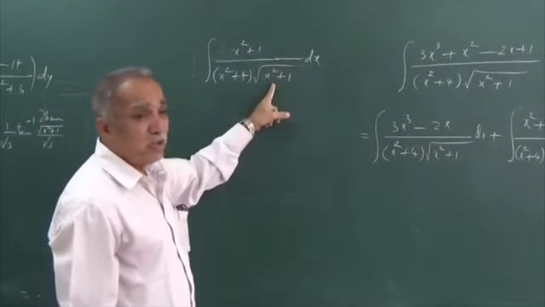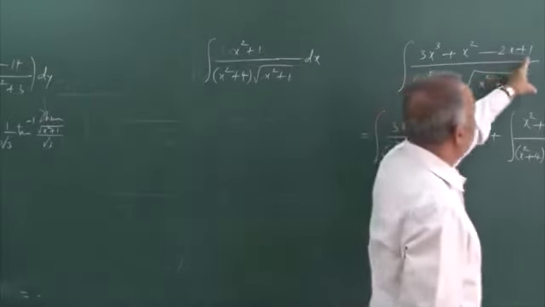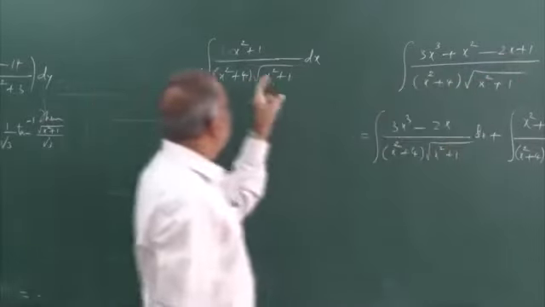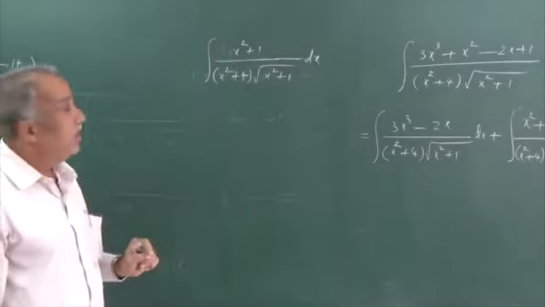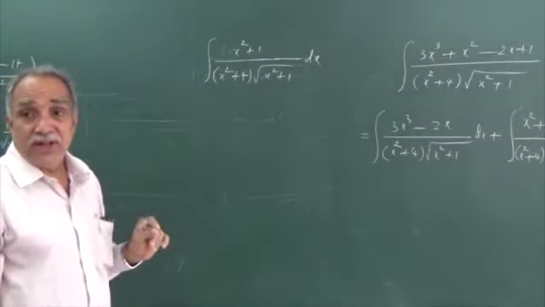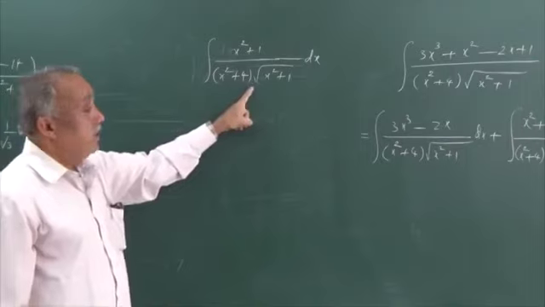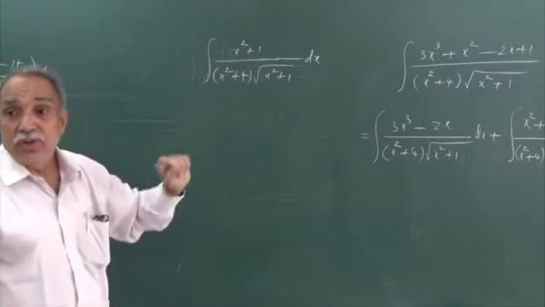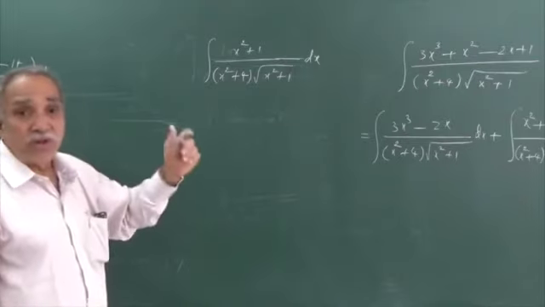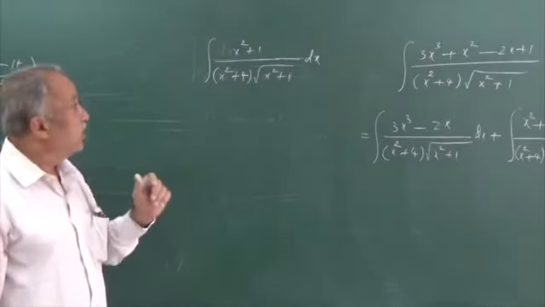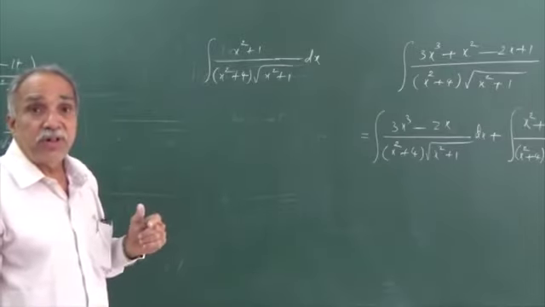This was not anticipated in advance. I should have seen it here itself. I didn't see it. We find root of x square plus 1 common to numerator and denominator. We can think of cancelling that. But if we cancel that, we will be left with root of x square plus 1 by x square plus 4. How will you provide a method for simplifying this integrand? Can it be simplified with a substitution?